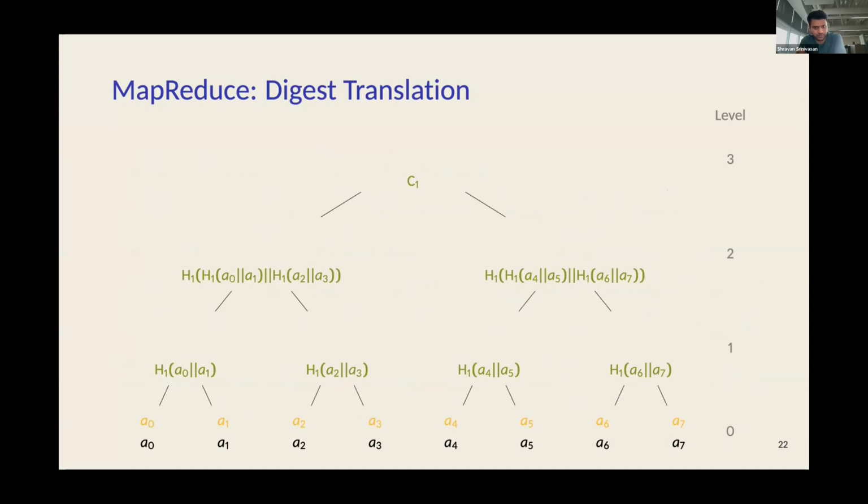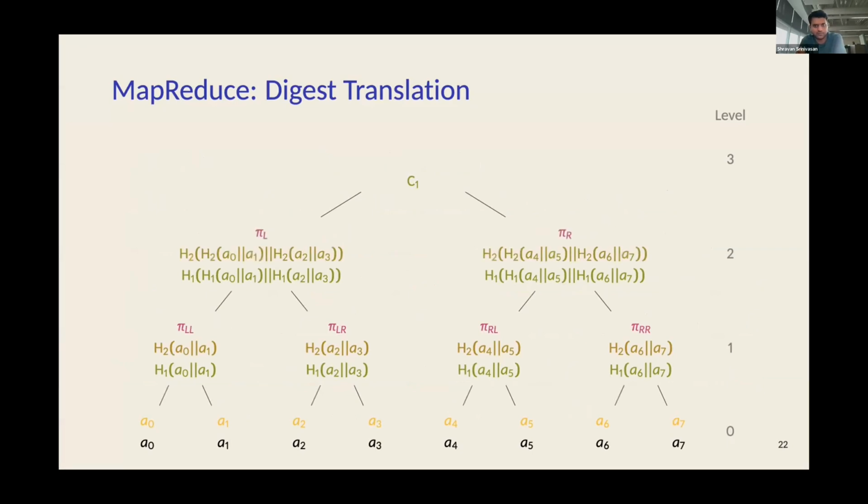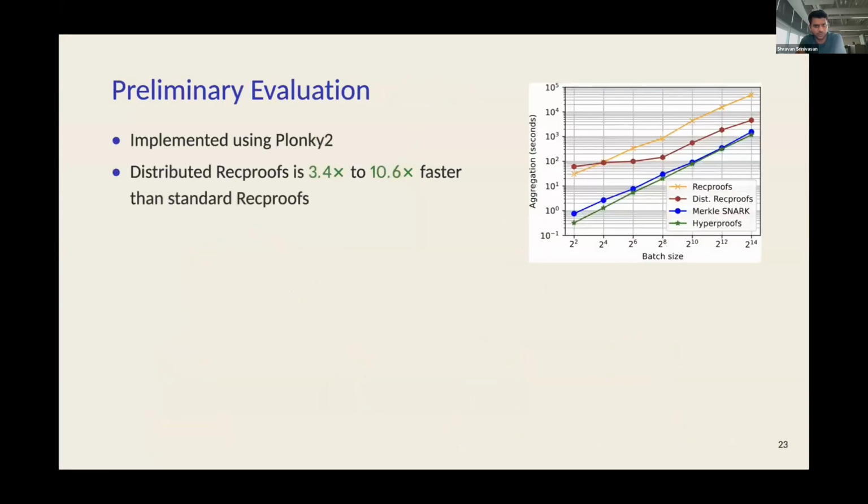It's just going to return the same value, and at each level you have the result of the hash computed using the hash function H2, and there's a SNARK proof that attests to this correct computation, and you can have this all the way until the top, and essentially pi would serve as the proof that these were computed over the same set of values, but 2 different hash functions were used.